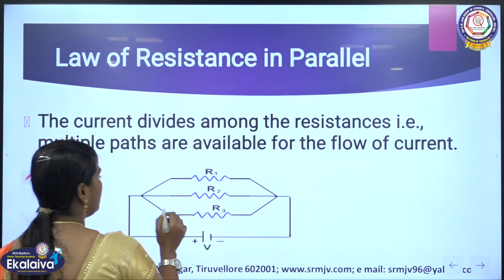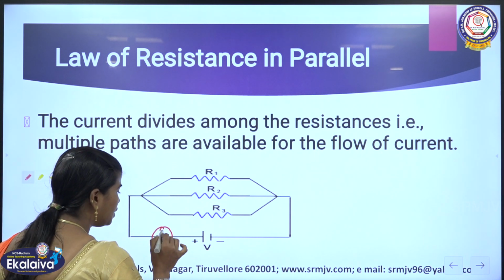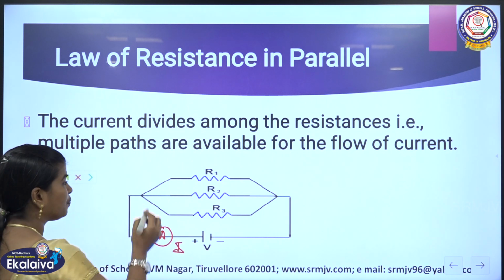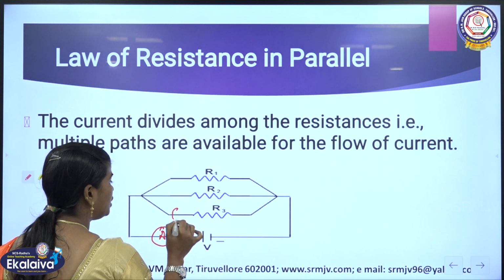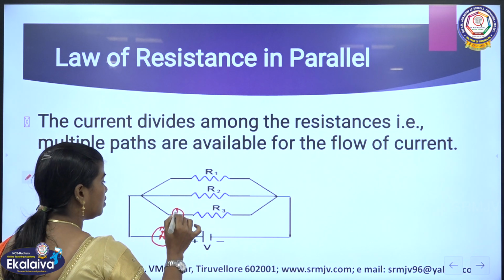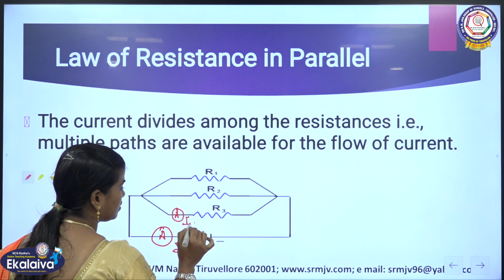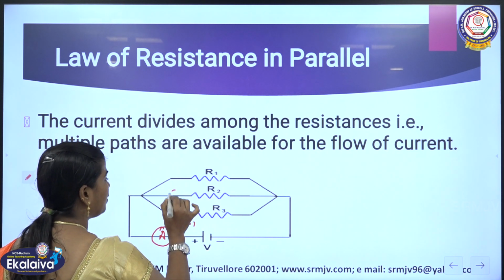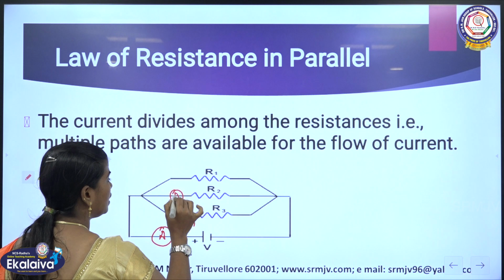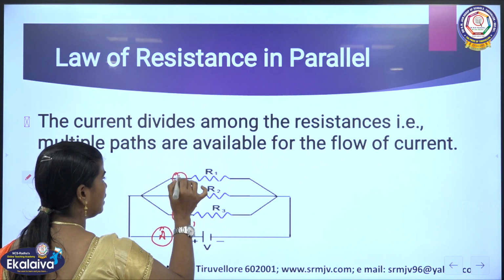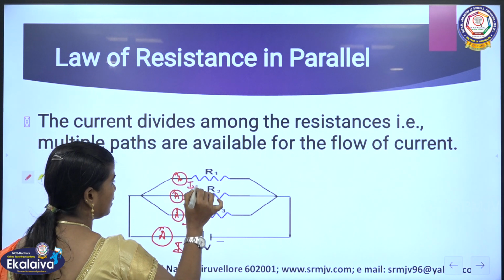For example, if I connect an ammeter over here, I will get a reading of total I. Suppose I connect the ammeter here, I will get a reading, let us take it as I1, and if I connect it here, let us take it as I2, and if I connect it here, let us take it as I3.